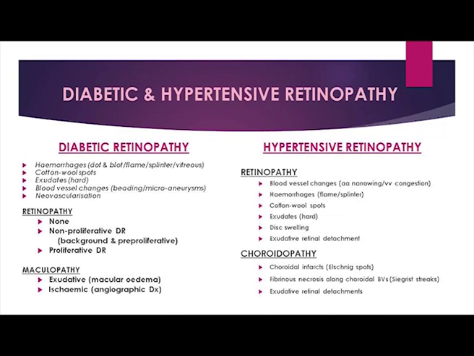Hemorrhages here with hypertension, we see mostly the flame or splinter-shaped hemorrhages, cotton wool spots, so very similar sort of size, and then disc swelling and exudative retinal detachments. Your choroidopathy is usually your exudative detachments, and then choroidal infarcts and necrosis from those choroidal infarcts.